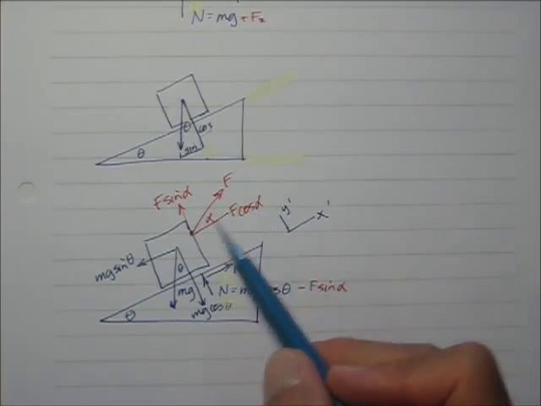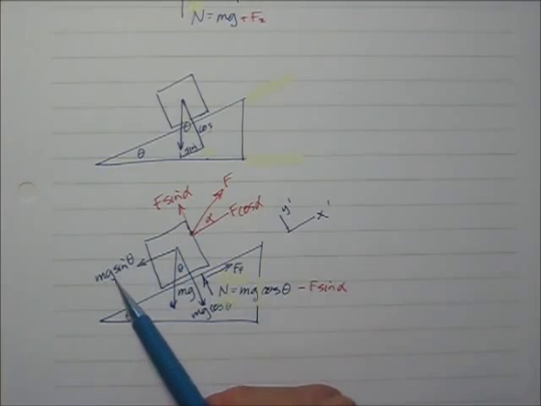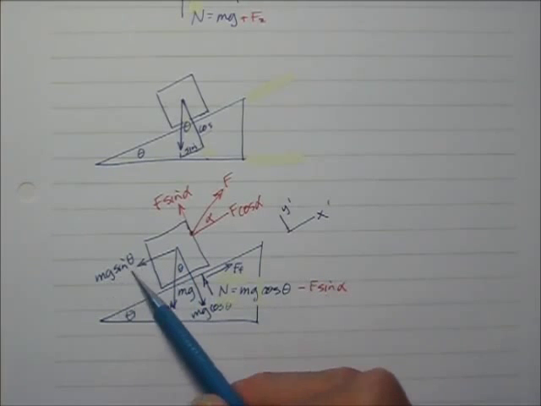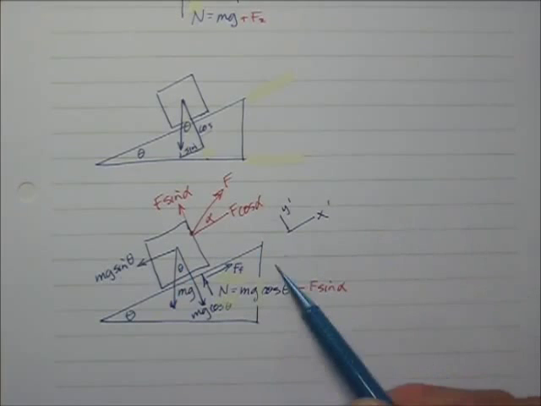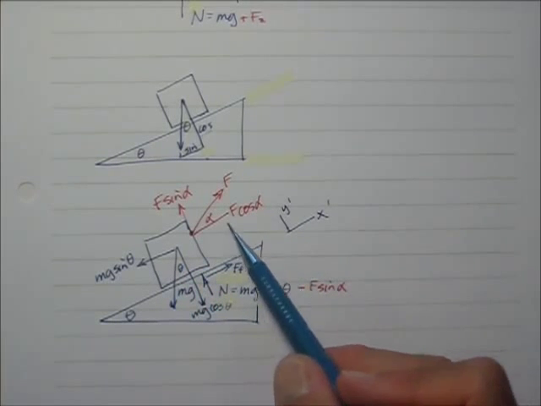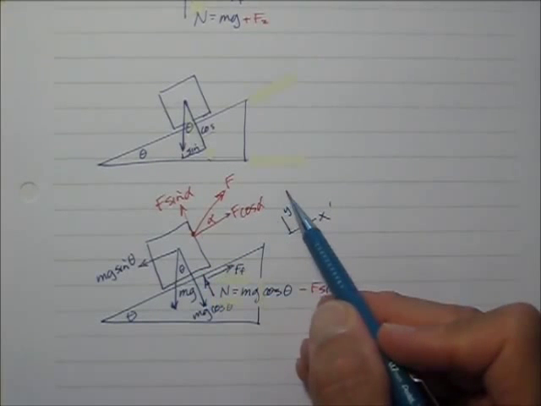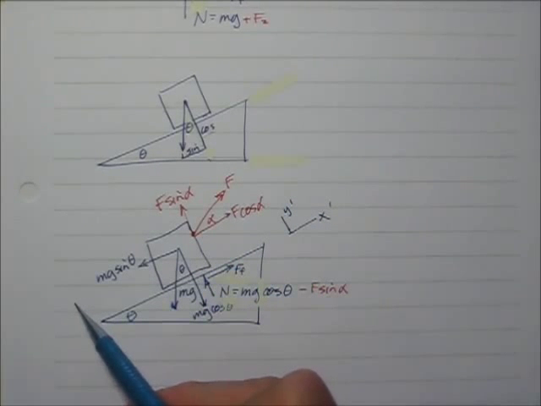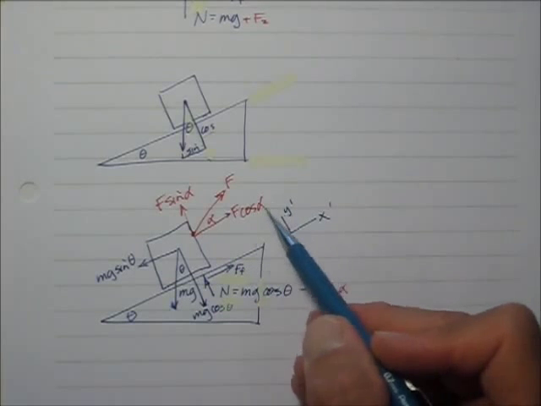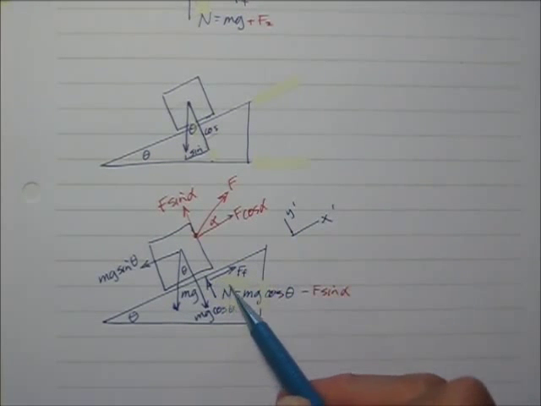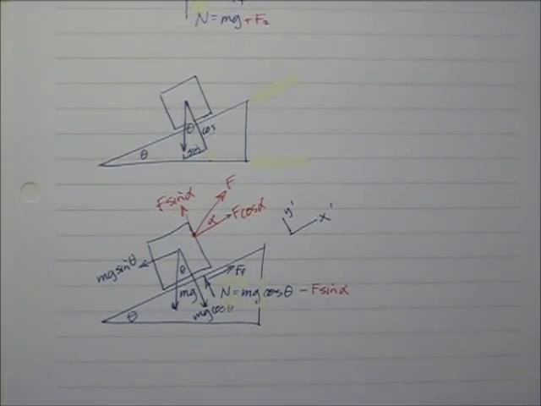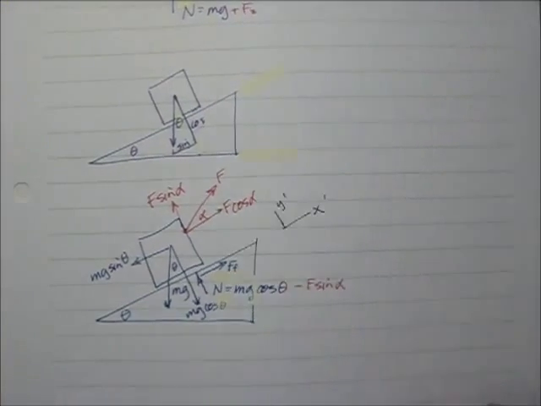The cosine component is going to be counteracting, if you will, the mg sine theta, and so we don't really know which direction it's going to go, depending on what the value of that force is and whether it's actually pulling it up the hill or still allowing it to slide down the hill. If it pulls up the hill, then the force of friction naturally would change direction and be pointing down the hill. Okay, let's talk about systems a little bit.